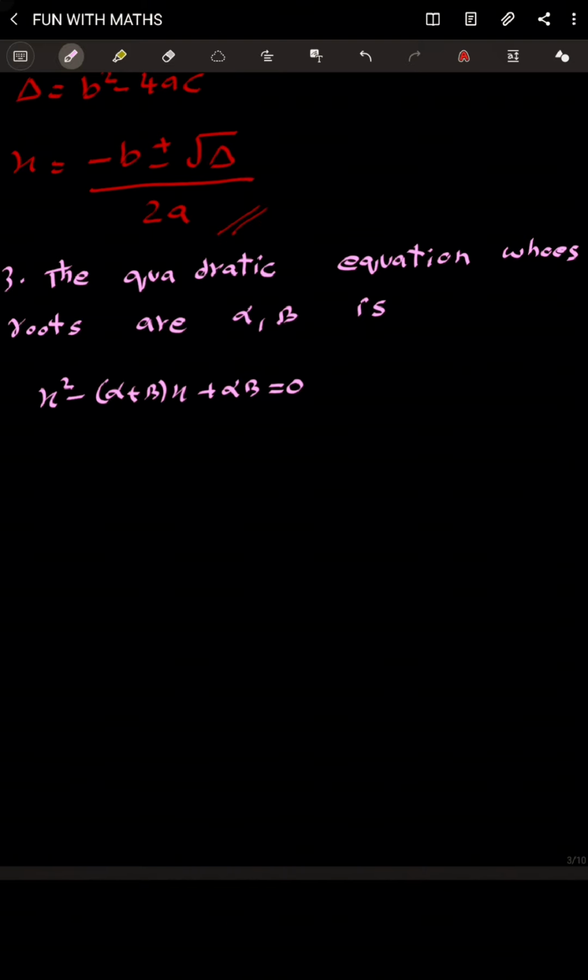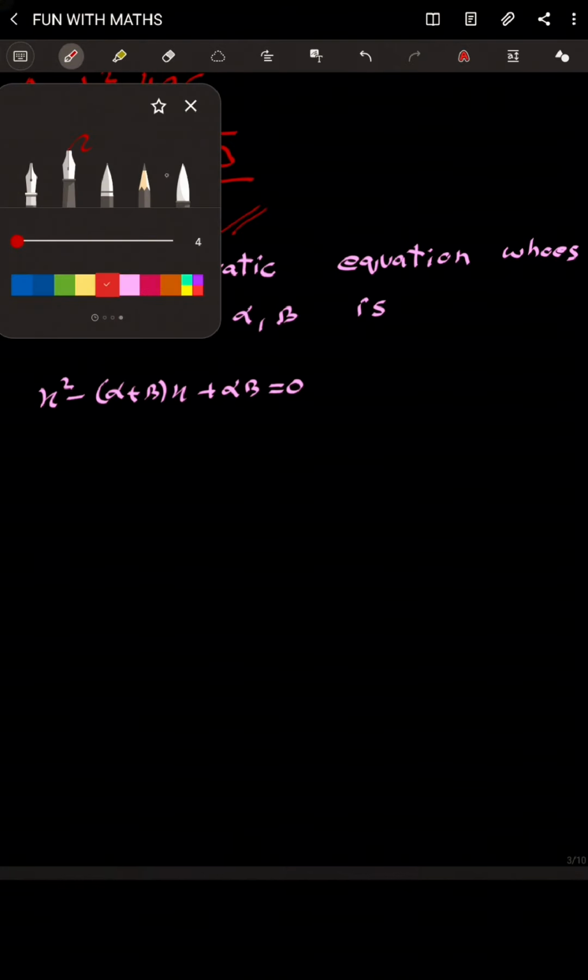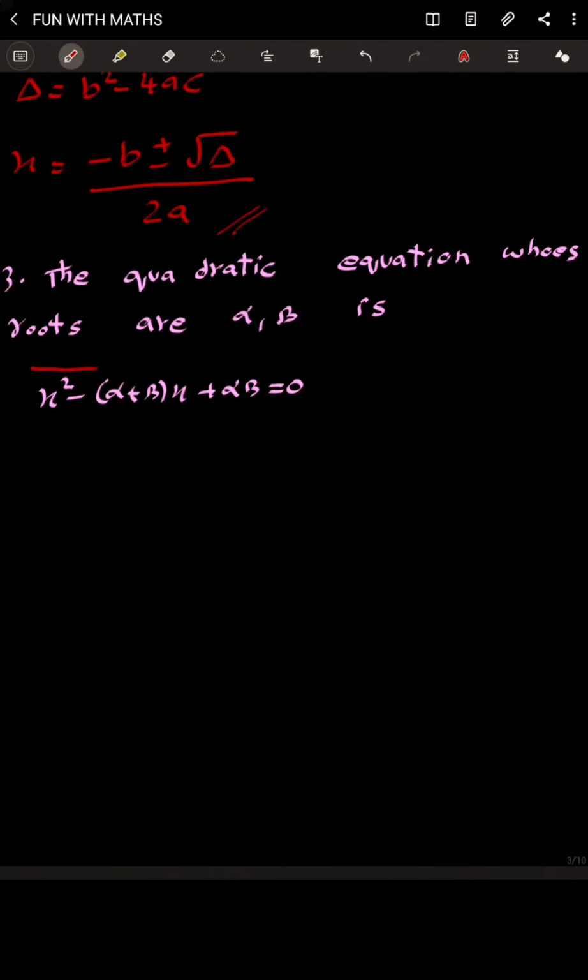So if the question is asked like find the equation whose roots are alpha and beta, when they give the roots and ask us to find the equation, in that case we have to use this formula, that is x square minus (alpha plus beta) x plus alpha beta equal to 0.